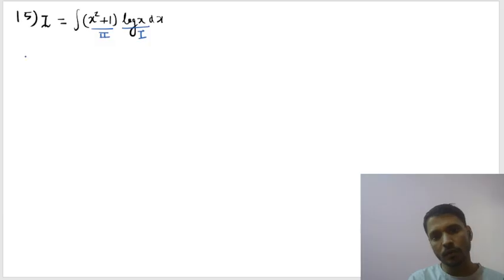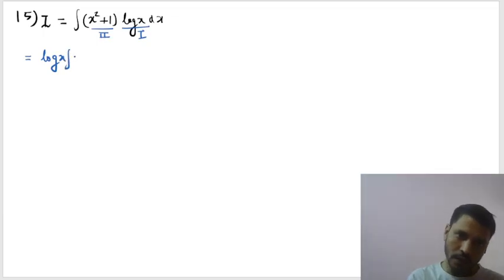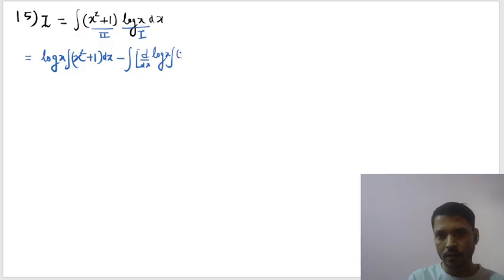Now we are going to write the first function as it is outside, log x, and the integration of the second function, that is x square plus 1 into dx, minus the integration of the derivative of the first function, that is log x, and the integration of the second function, x square plus 1 into dx, into dx.